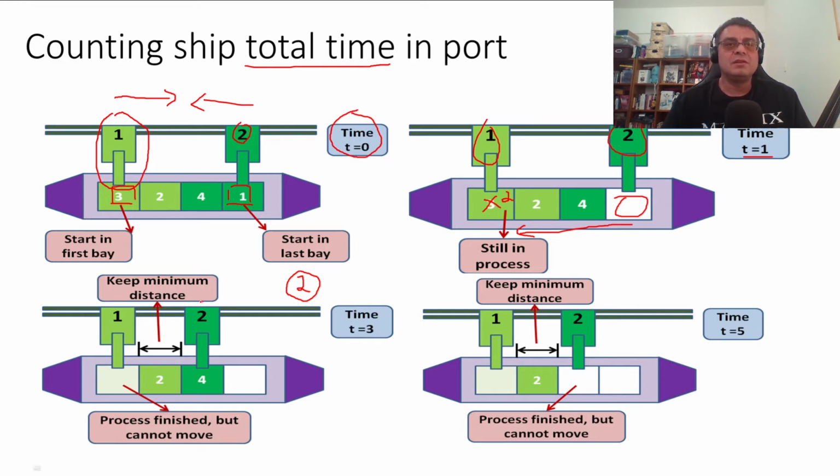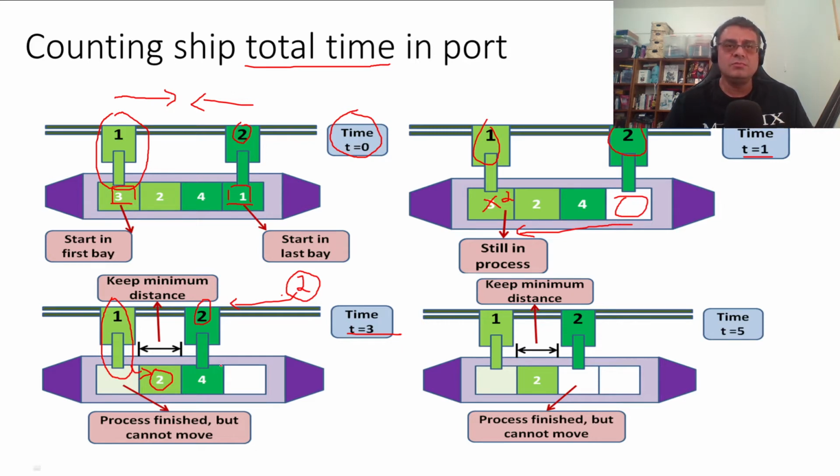When this quay crane moves, it spends 2 units of time, but when they start to perform some operations at time 3, we get this. This quay crane has to stay here and cannot help in the operation of moving containers exactly here.